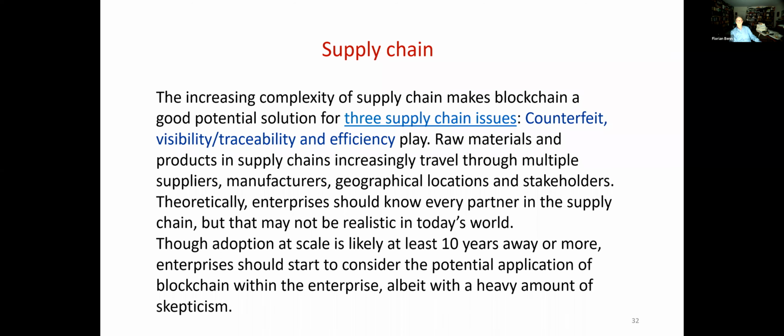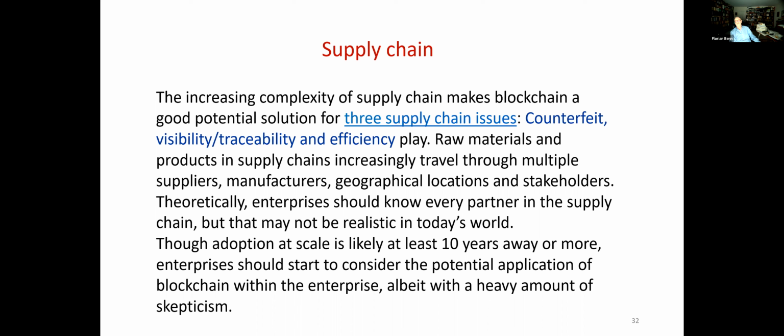Supply chain. There are three issues with supply chain: counterfeit, visibility and traceability, and efficiency. It's better, faster, and cheaper. The idea of supply chain, as you know, is to go from raw materials to production to a distribution system and ultimately to the end users.